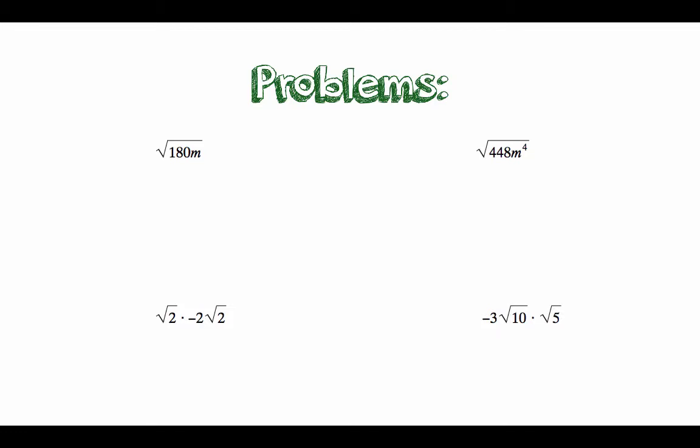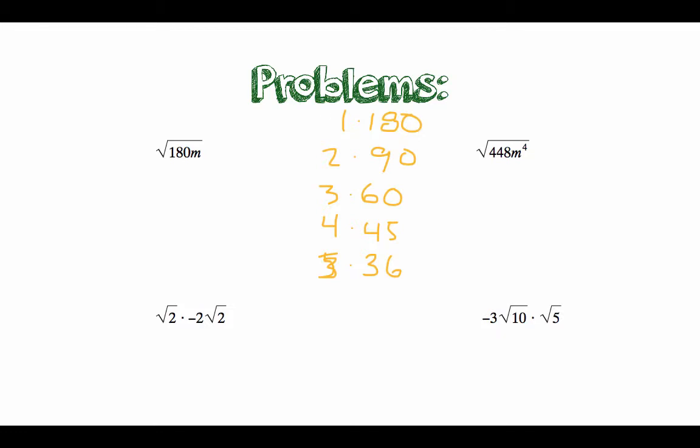So factors of 180. Let's go 1 times 180, 2 times 90, 3 times 60. Still haven't really come to a perfect square. 4 times 45, and 5 times 36.